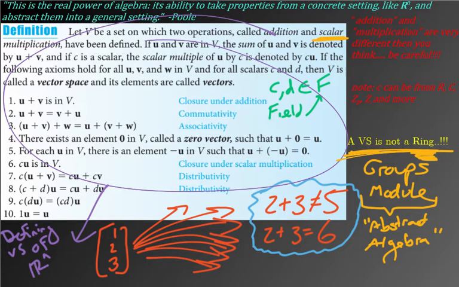I felt like a vector space was like a ring, but they are not. There are some vector spaces that are rings, and if you want to know about this, I will happily explain it to you. But a vector space is not necessarily a ring. There are just some that are, but they're very weird cases, and they're not actually that useful.